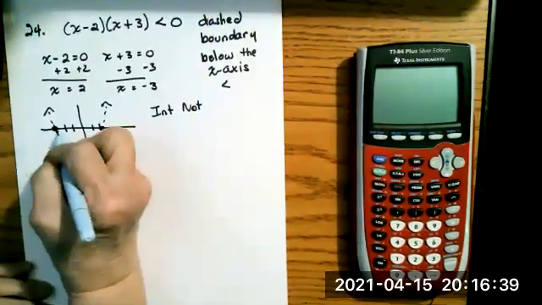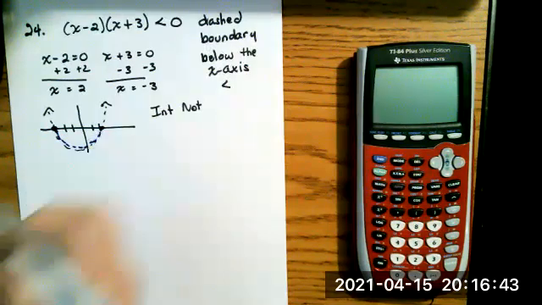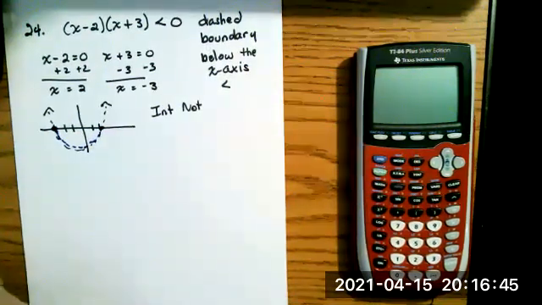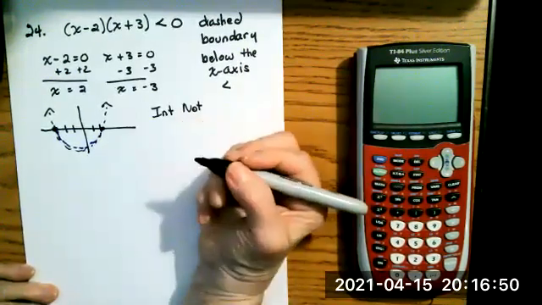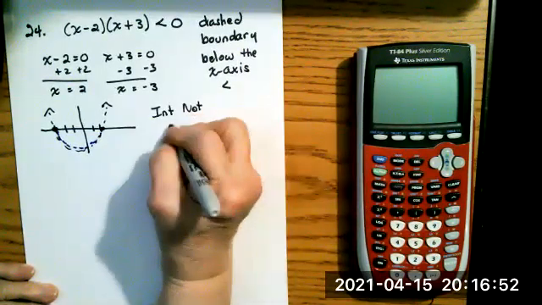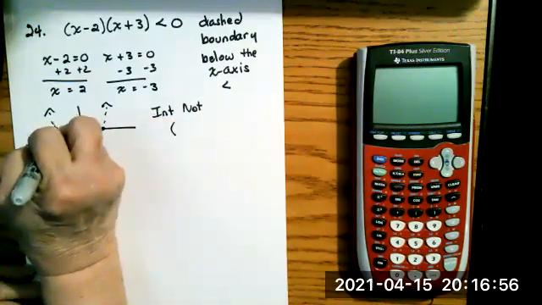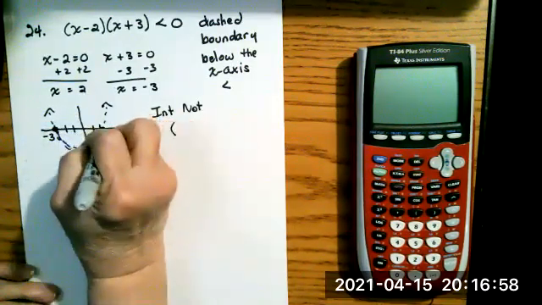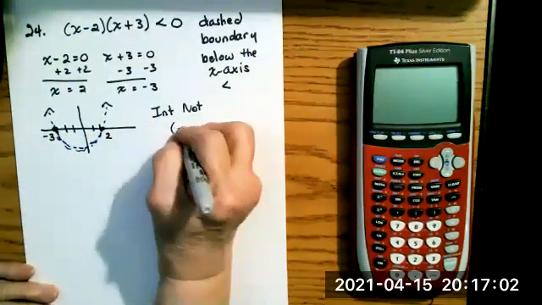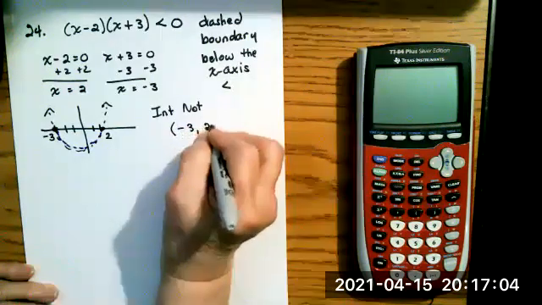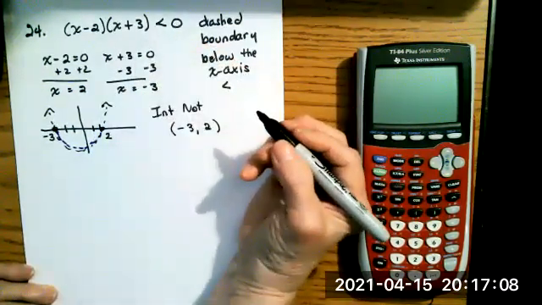So I'm looking at this area right in here. So from what to what would be below the x-axis? This point over here is -3. This point is 2. So -3, 2. And we use parentheses because it doesn't have the bar underneath there.